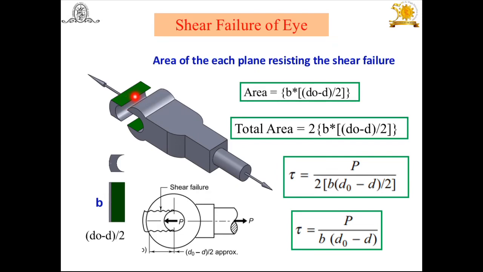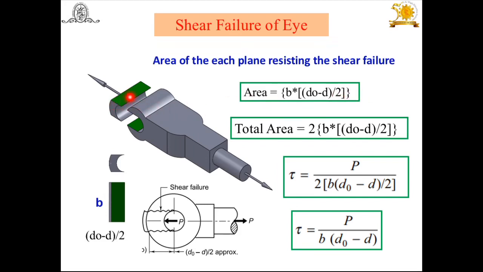Now how do we find the area of each plane? I have shown here this is b. Again we have to find this distance. How will we get this distance? Total outer D0 minus the inside diameter d, and for the half portion, divide by 2. So b multiplied by (D0 minus d) by 2 is the area of each plane resisting the shear failure.